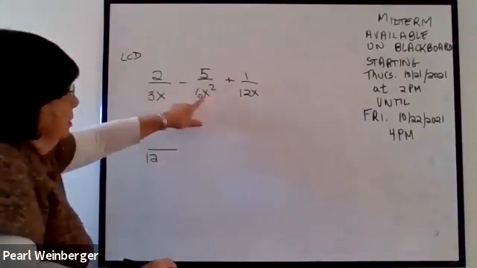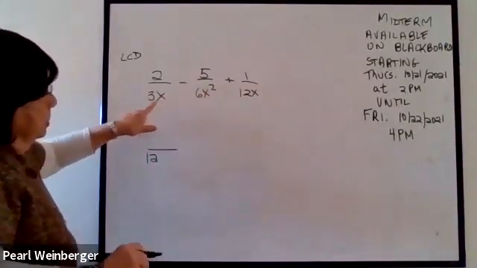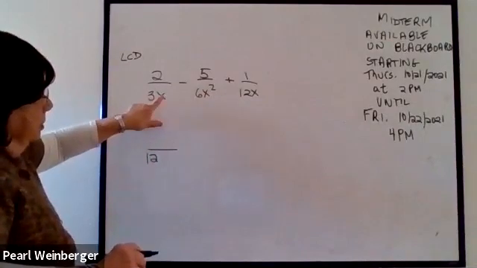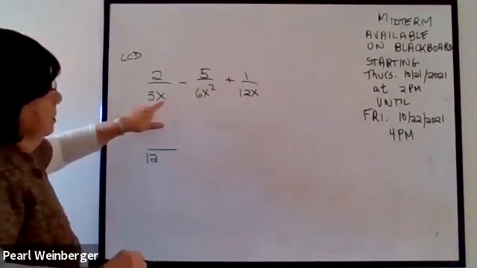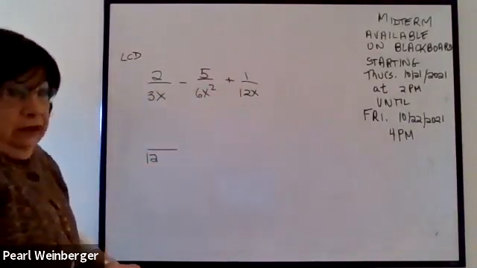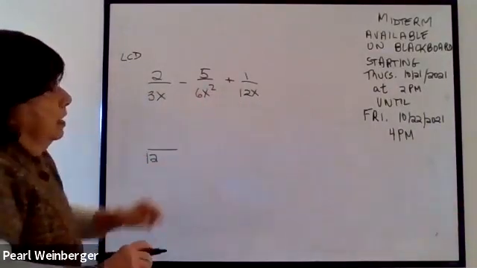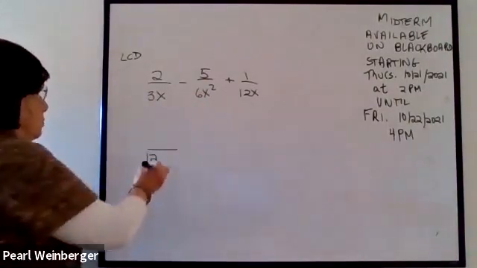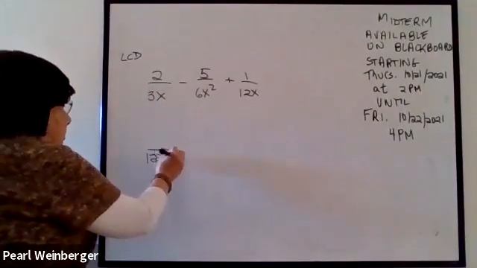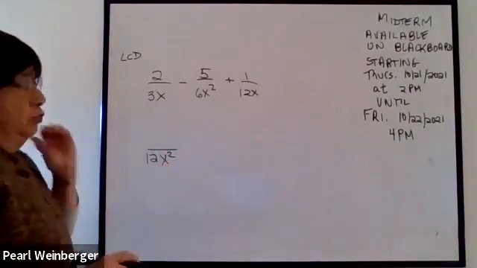To get the variable parts, the letter parts, I mean, the literal parts, look at your letters. The only letter I see here is an x. Take the x with the highest exponent, which is x squared. Your common denominator then is 12x squared.